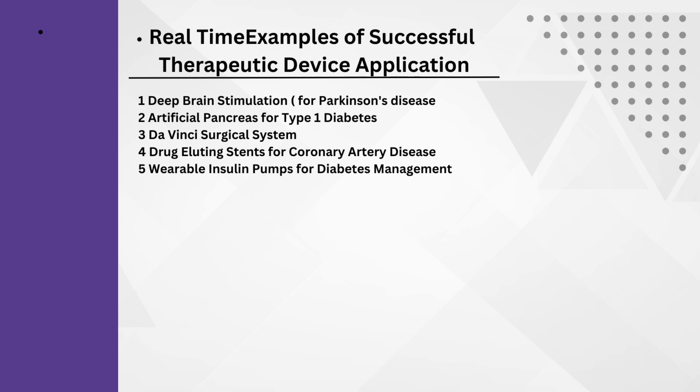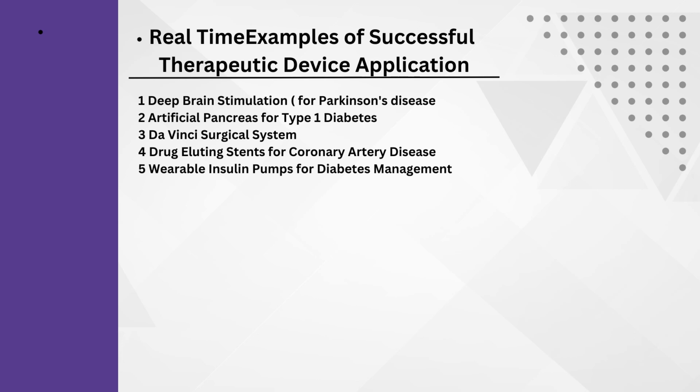Second, artificial pancreas for type 1 diabetes. Device: closed loop system comprising an insulin pump and continuous glucose monitor.